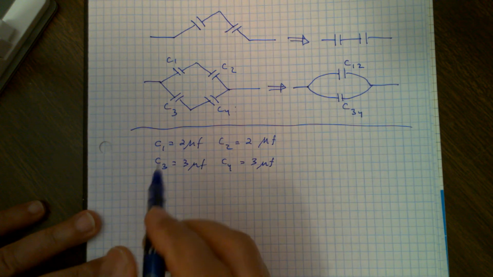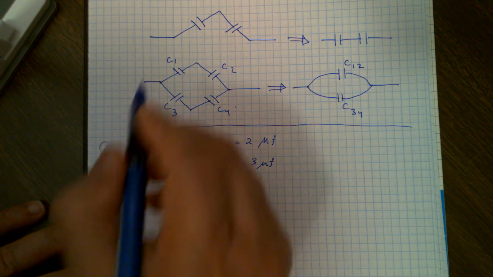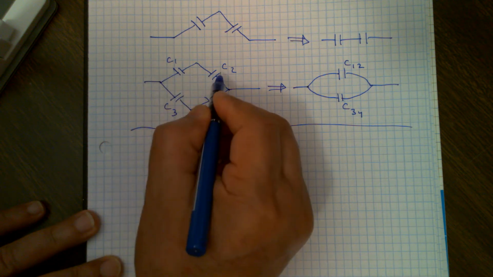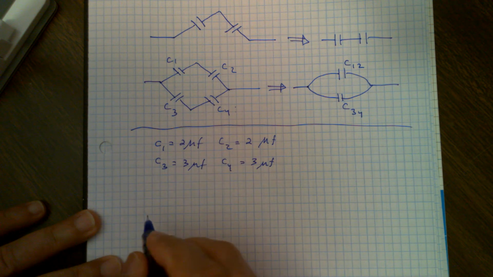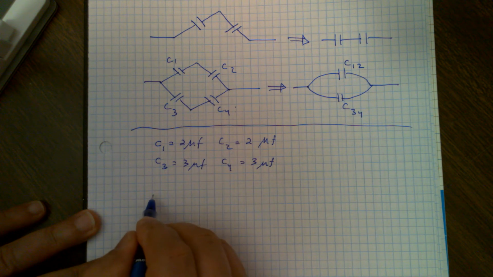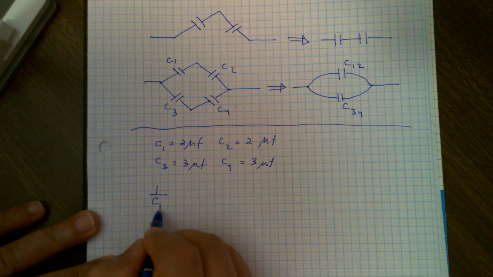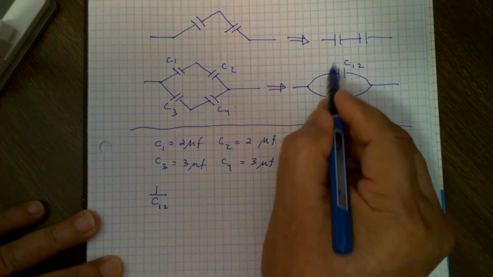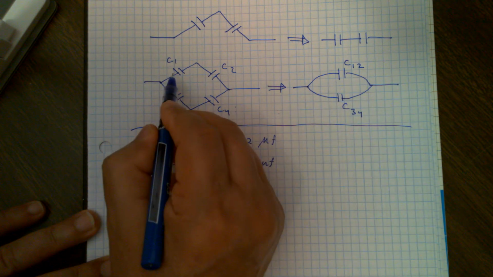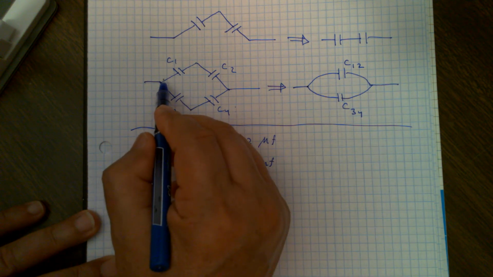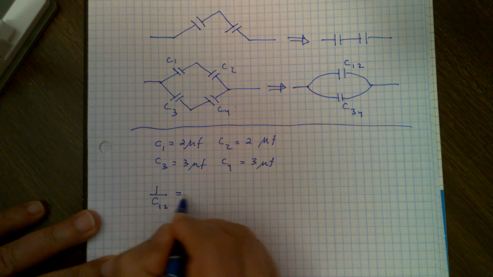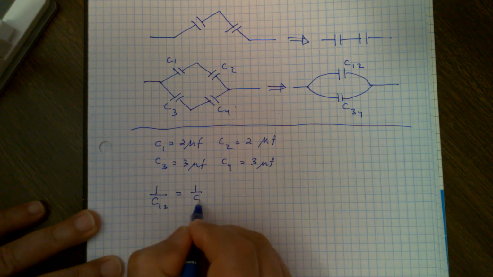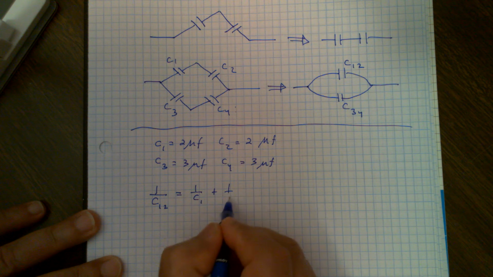So, this one and this one, they are in series. So I have to calculate equivalent capacitance C1,2. I'm calculating this one because that's the equivalent capacitance for C1 and C2 in series. 1 over C1,2 is equal to 1 by C1 plus 1 by C2.